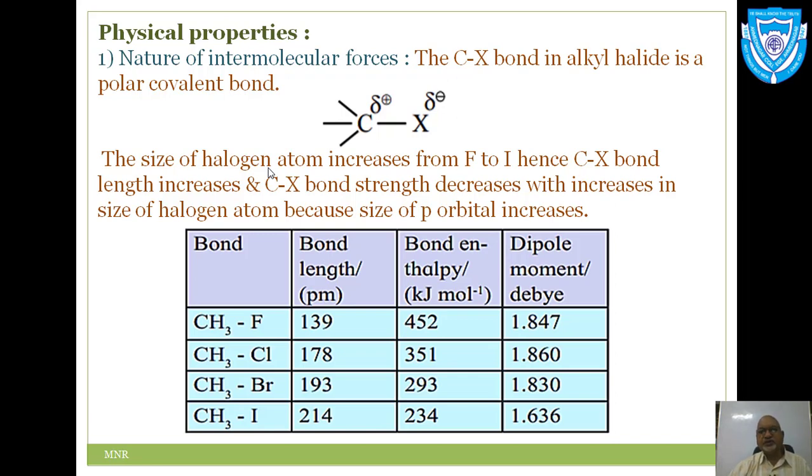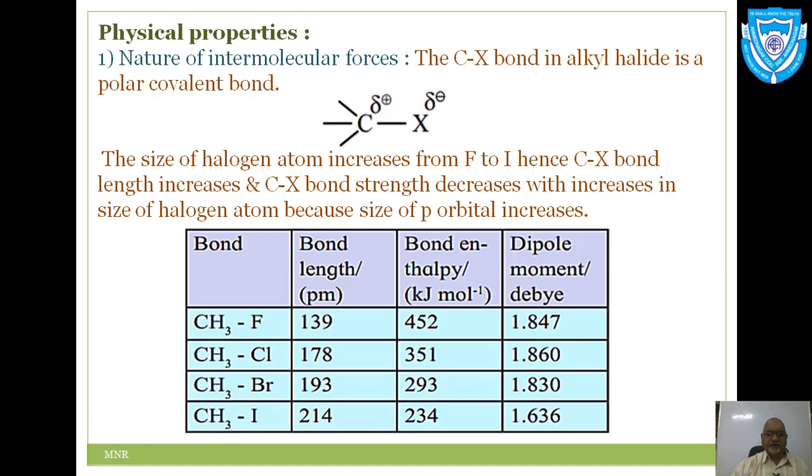Fluorine is the smallest and iodine is the largest. Hence the carbon to halogen bond length increases and the bond strength decreases with the increase in the size of the halogen atom, because the size of the p orbital also increases.